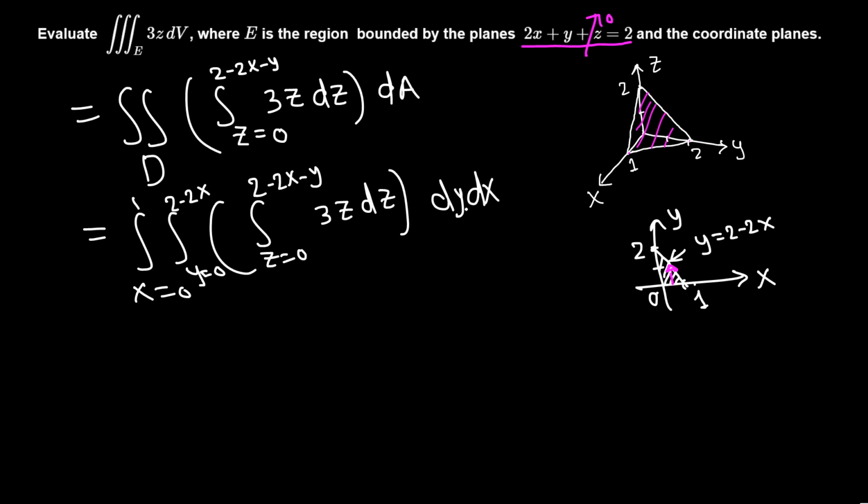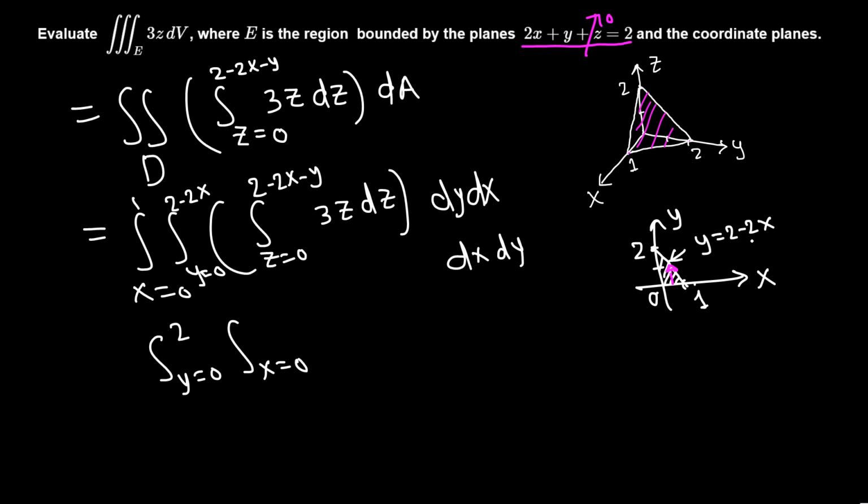If we switch dx and dy, if you write dx dy, then y has bounds from 0 to 2. I mean y would be outer, 0 to 2, and x would have, now we have to go horizontal, so the y-axis is x = 0, and this one we need to solve for x.